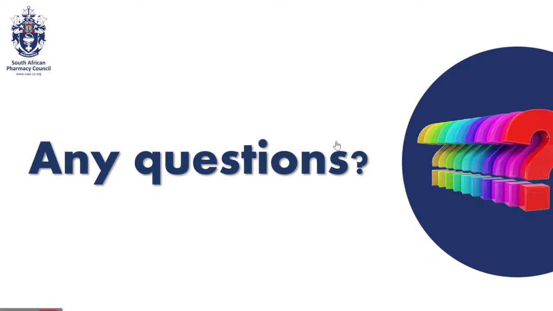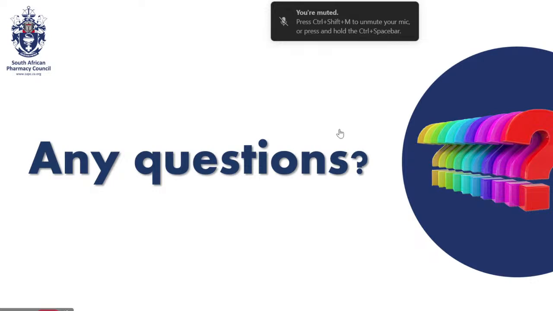Okay, as an academic intern who is an international student, what are the chances of me being placed for community service? Okay, let me take it. For international students, there are criteria that they need to satisfy in order to be registered in our country.